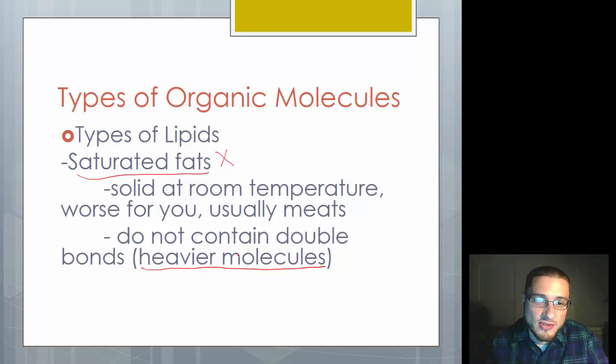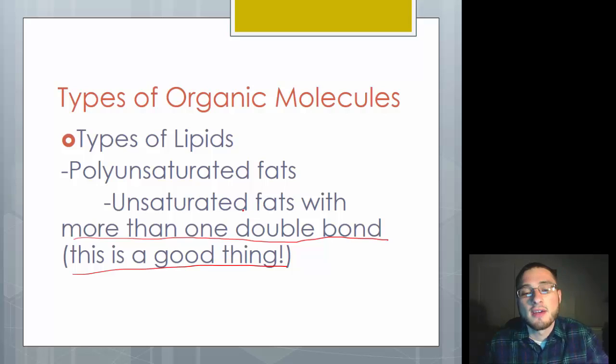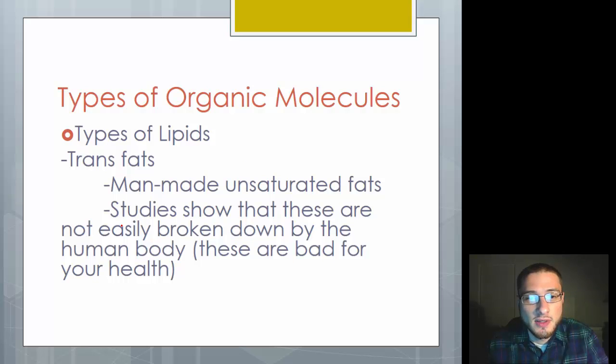Increased cholesterol, increased fat intake, no good for your body. We also have polyunsaturated fats, unsaturated fats with more than one double bond, but these are good for you. I know you're thinking, more than one double bond, that sounds like a bad thing. Too much bonding? No, that's a good thing.